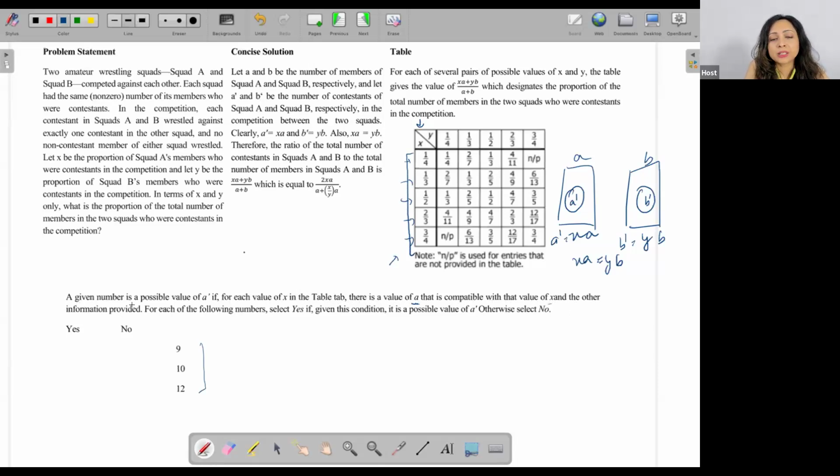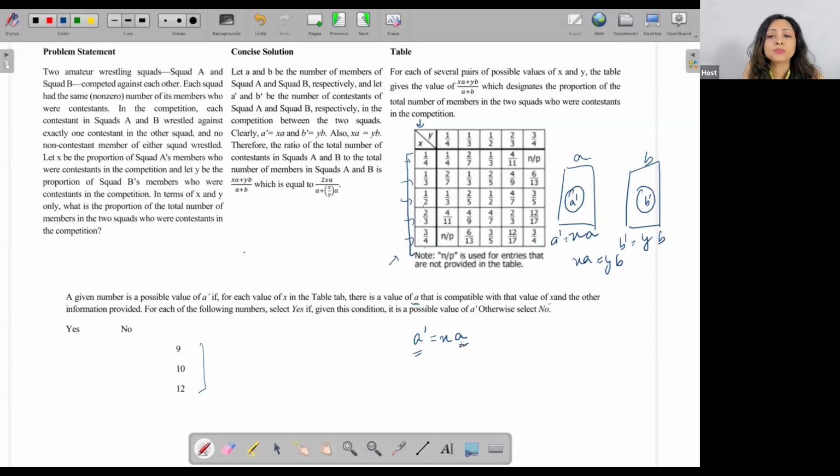So a given number is a possible value of A dash. I know how to calculate A dash in terms of X and A: A dash is equal to XA, right? They're talking about this particular relation. So they're saying that a value is a possible value of A dash in case for each value of X in this table, there is a value of A that is compatible with that value of X, right?